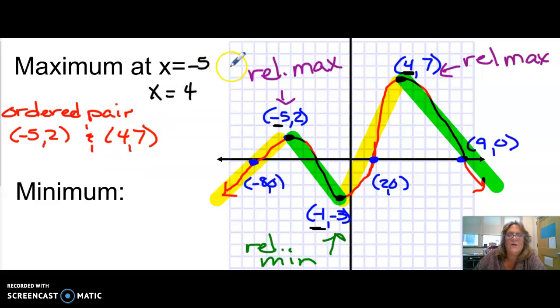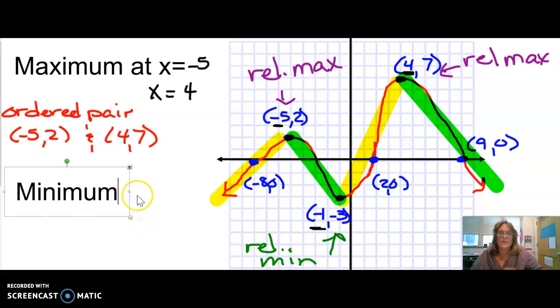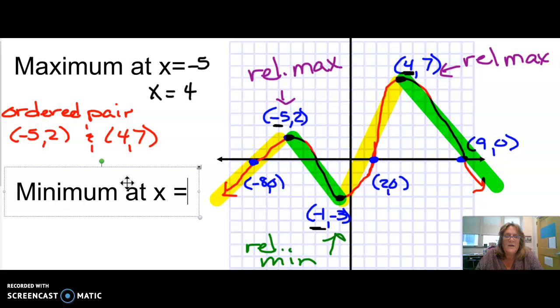And the same thing occurs when we talk about having a minimum. Technically, on our graph, where is the local minimum? We would say we have a minimum at x equals, and our minimum value we said was down here, so it's at x equals -1.